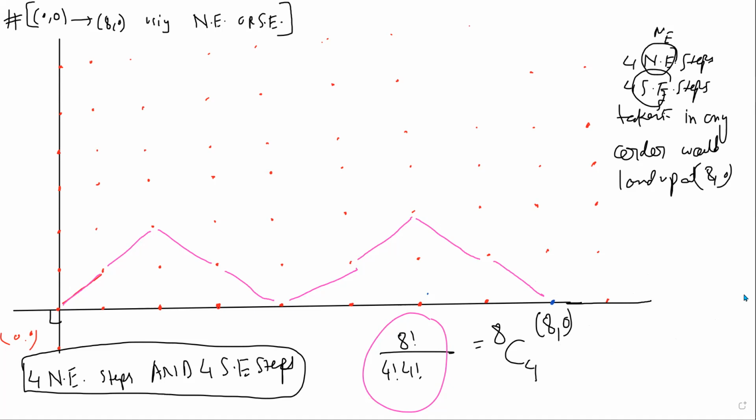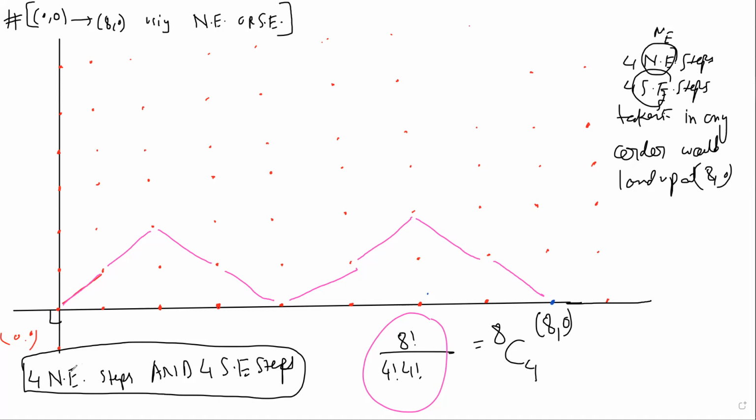Anyone? I just want to give an example. You should be able to execute this correspondence from a path to a sequence. Okay, but you guys understand, right?